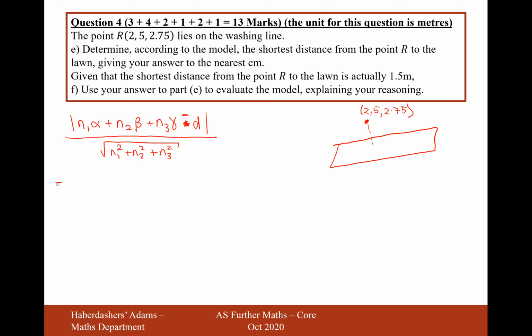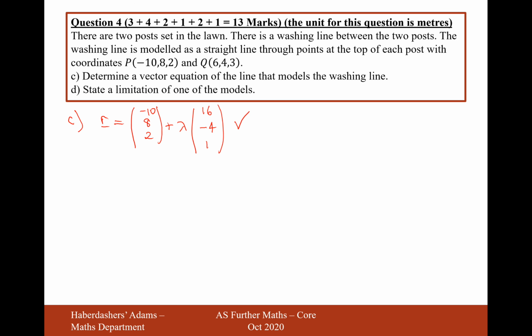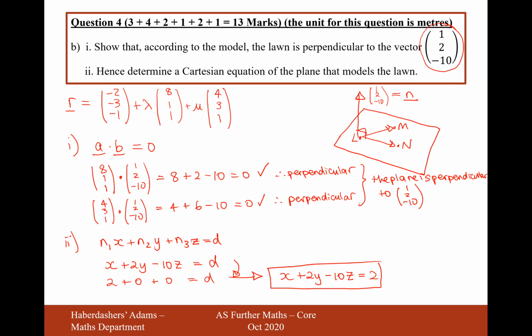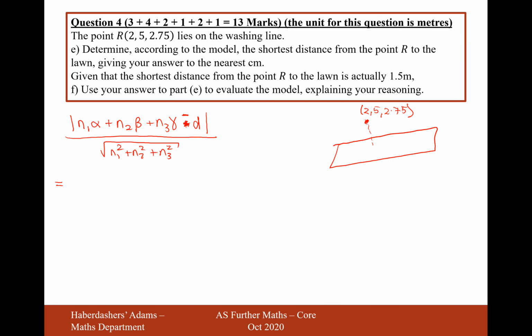Okay, so let's substitute into the formula. So the n1, n2 and n3, let's just go back and have a look, was 1, 2, minus 10. So it's going to be 1 times the alpha part of the coordinate, which is 2, plus 2 lots of the beta part of the coordinate, which is 5, plus minus 10 times gamma, which is 2.75, minus d, and d was the value 2.